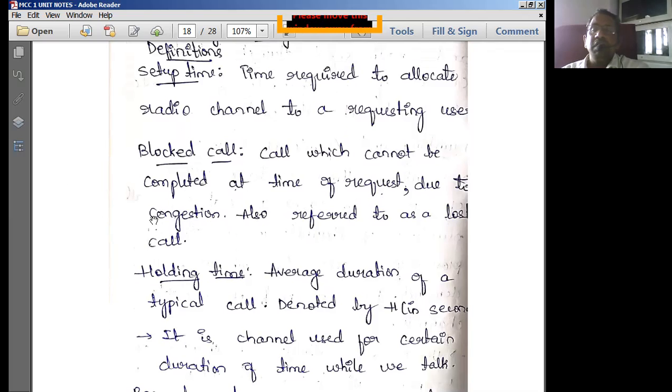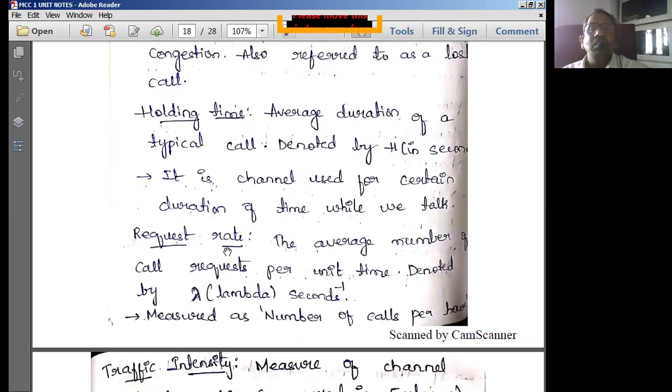If the network is busy, and after a certain request period the call still could not be established, then the call is blocked by the base station. That is nothing but a blocked call. A blocked call is a call which cannot be completed at the given time of request due to congestion, also referred to as a lost call. That call gets lost altogether.